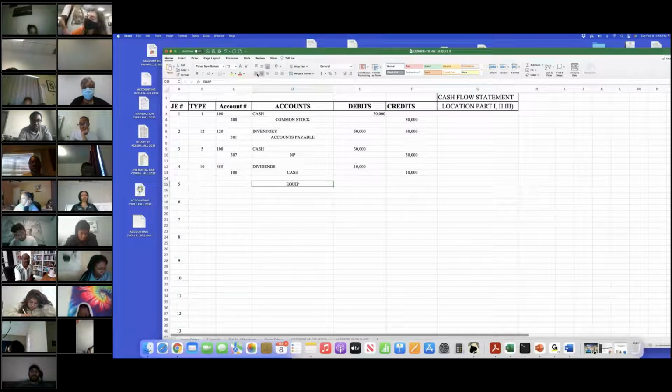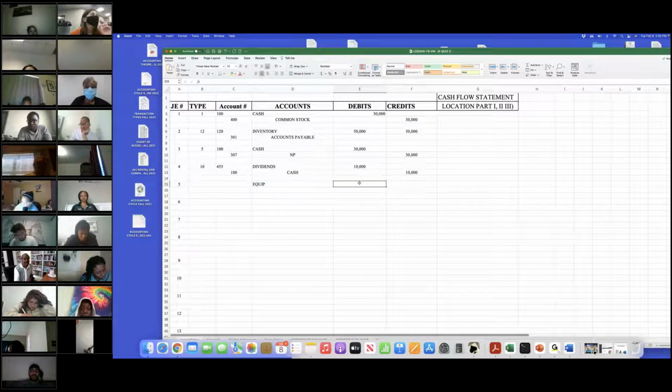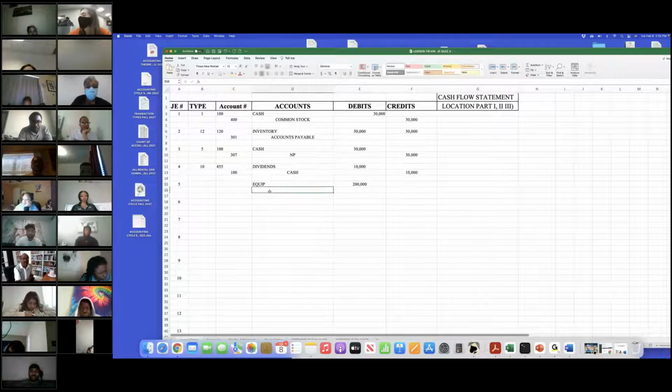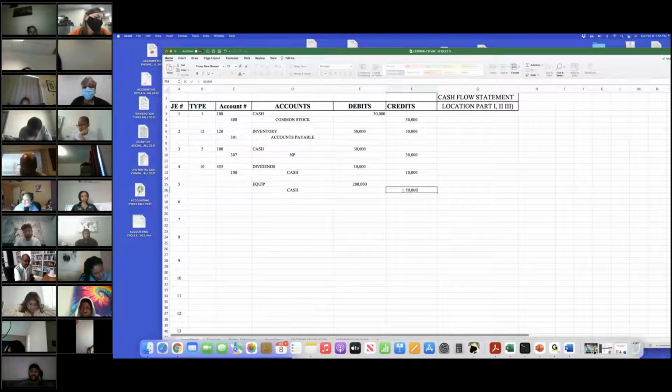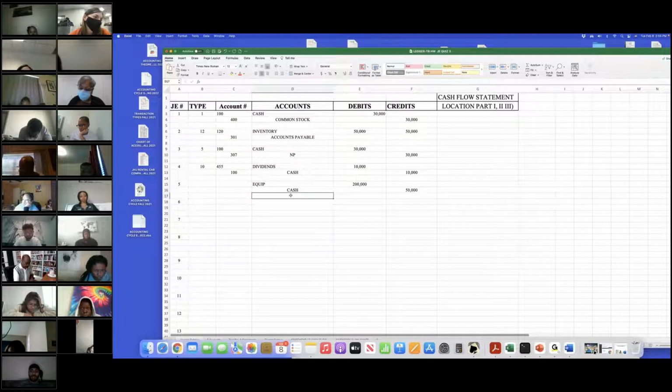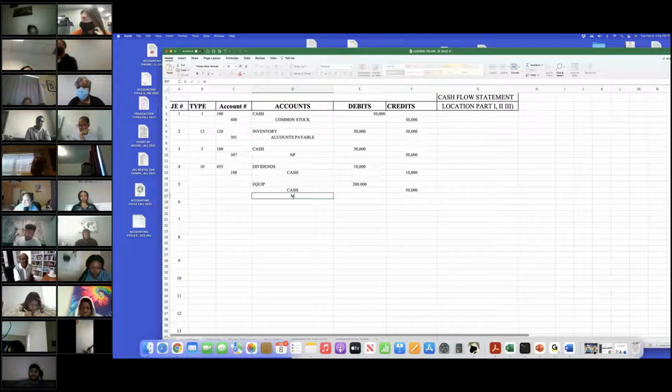Debit equipment for 200,000. Credit cash, 50,000. And then credit note payable, 150,000.